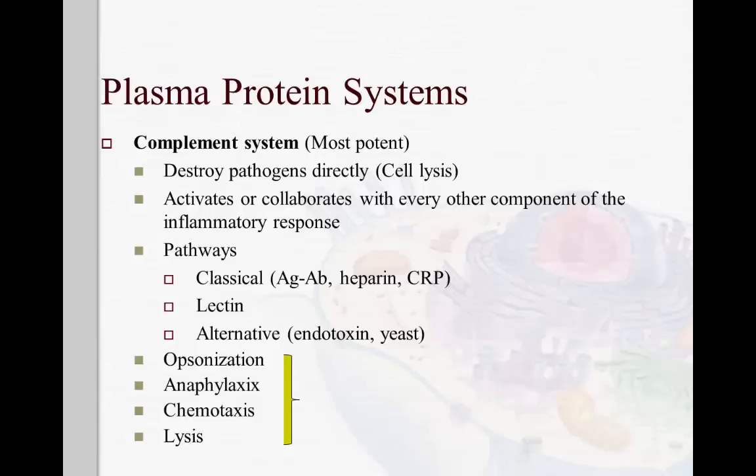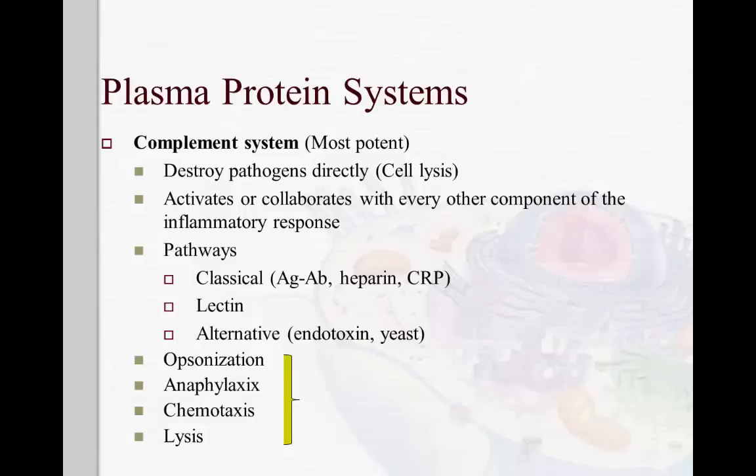In addition to that, remember that we have cell lysis, and we have the opsonization and the activation of mast cells for the degranulation and release of pro-inflammatory mediators. And lastly, we have the alternative pathway that is activated by gram-negative bacteria and fungi.